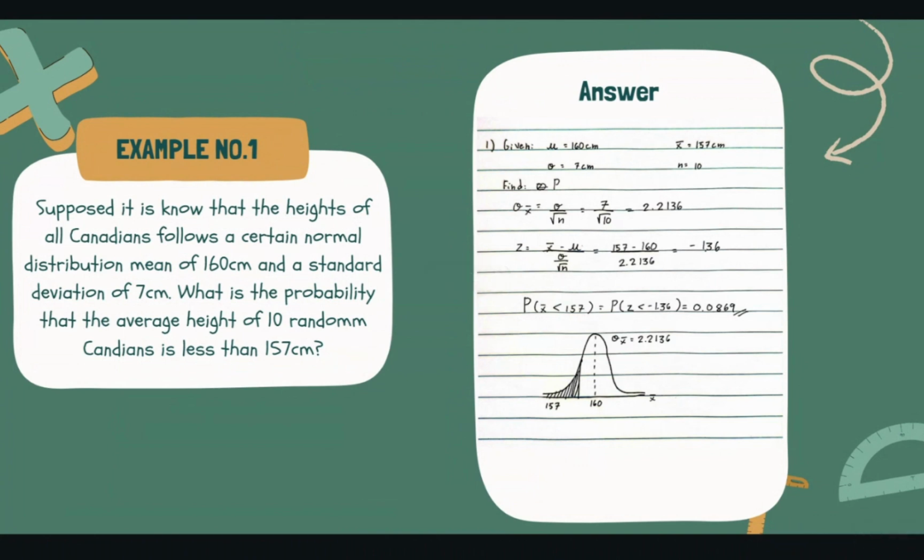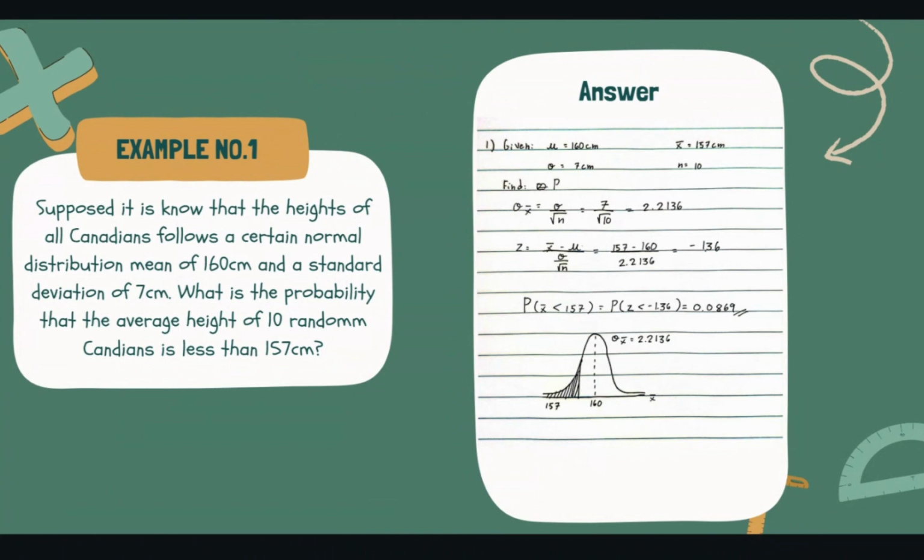To get the probability, we need to find the proportion. As stated, the mean of x bar is equal to the mean, so it is equal to 160. Now for our standard error, it is equal to the standard deviation over the square root of the sample size, 7 centimeters over the square root of 10, which is 2.2136.